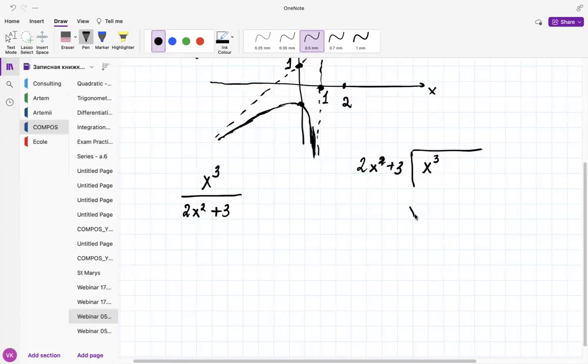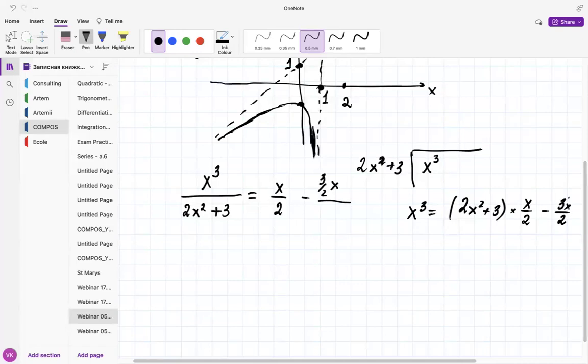So the result would be x cubed minus 2x squared plus 3, multiplied, and this is my quotient, by x over 2, and my residual is minus 3x over 2. Right, so what does it give me? Basically, it gives me my slant asymptote, and my residue, and as I can see, the residue should always be a polynomial of a lesser power than the one we used in the denominator.